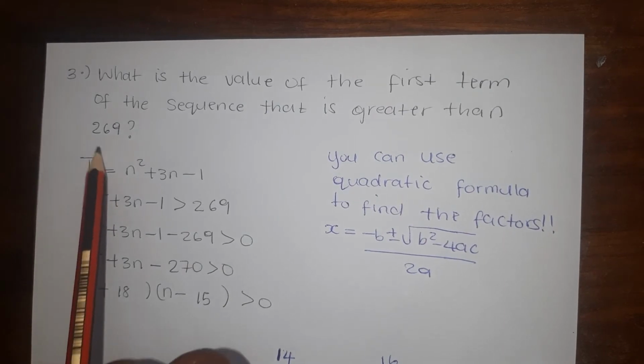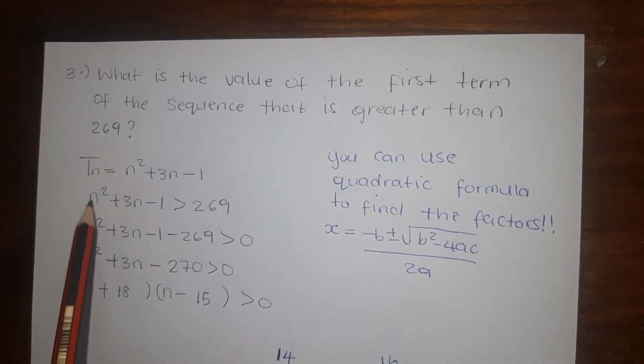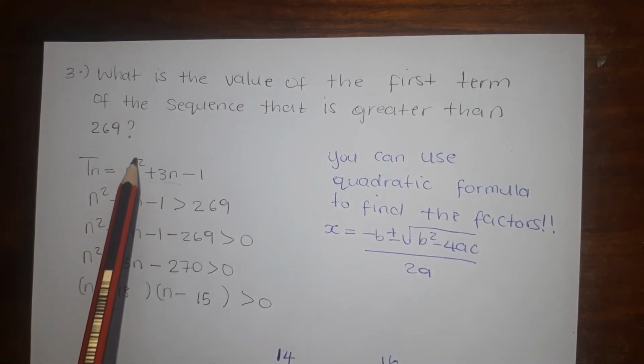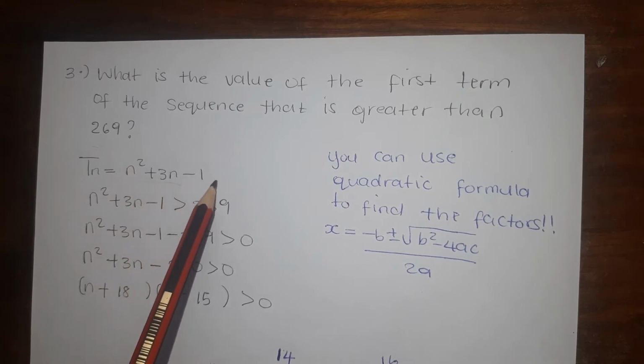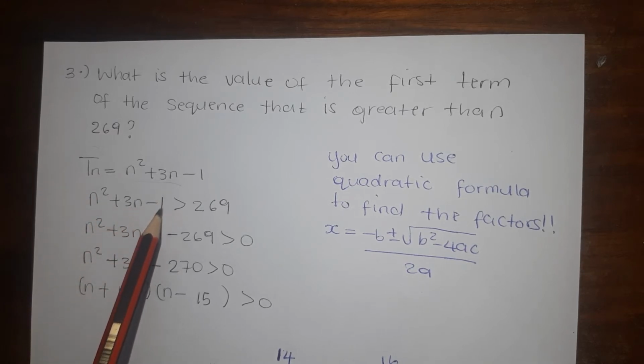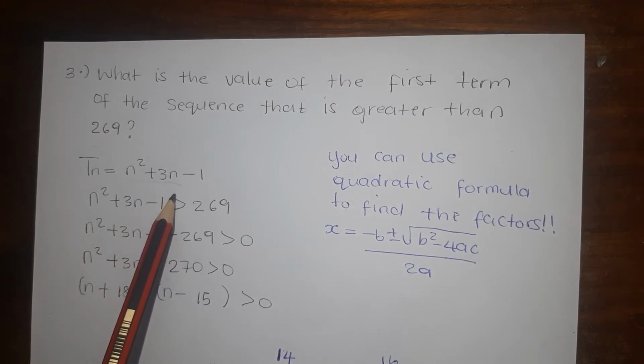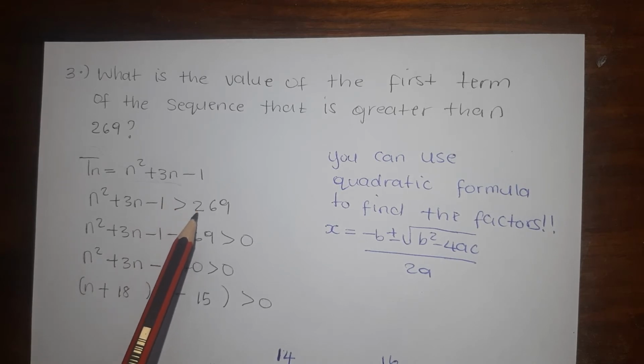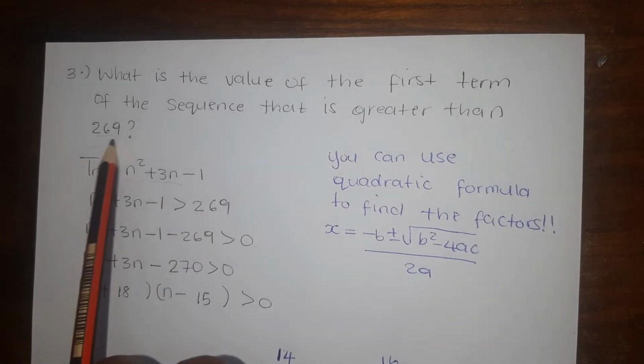We are going to forget about this Tn, so we are going to look at n squared plus 3n minus 1. So we are going to say n squared plus 3n minus 1, and this should be greater than 269 from our question.